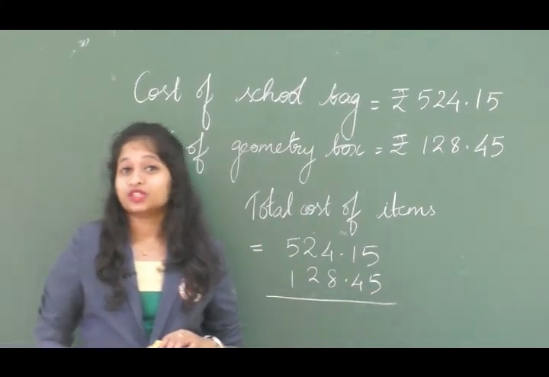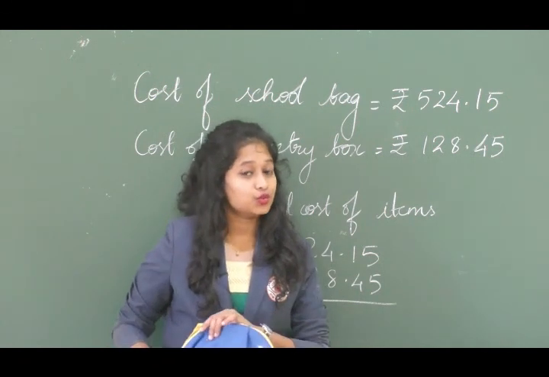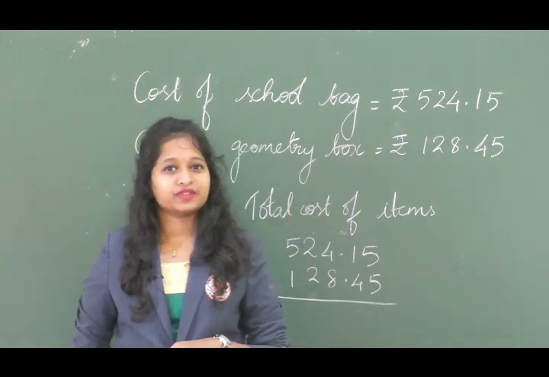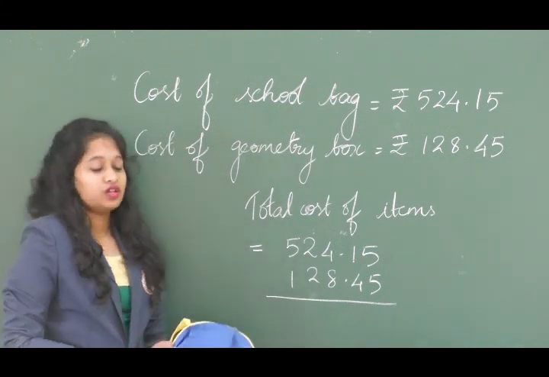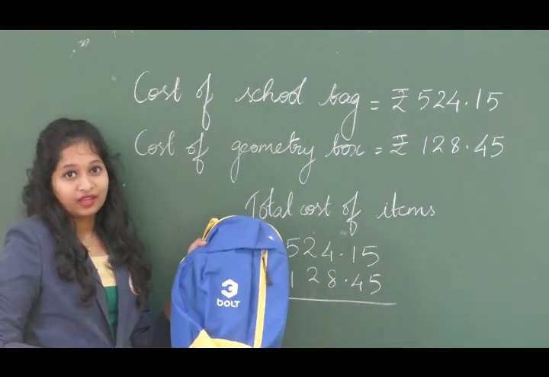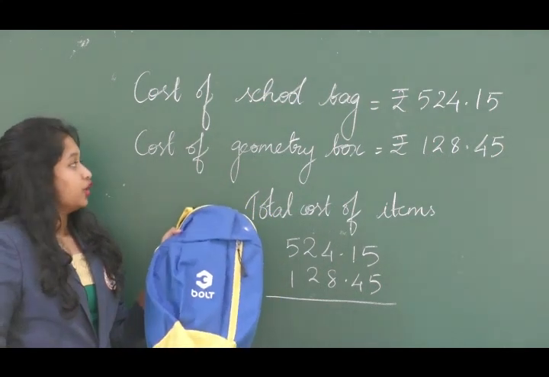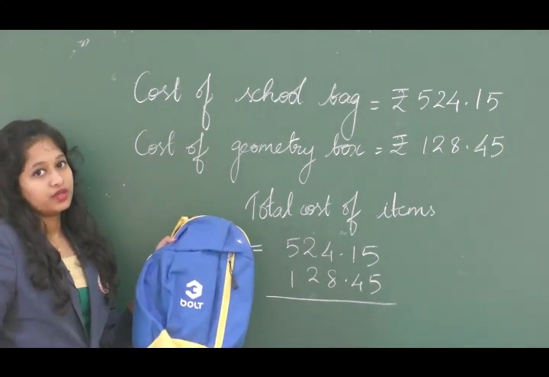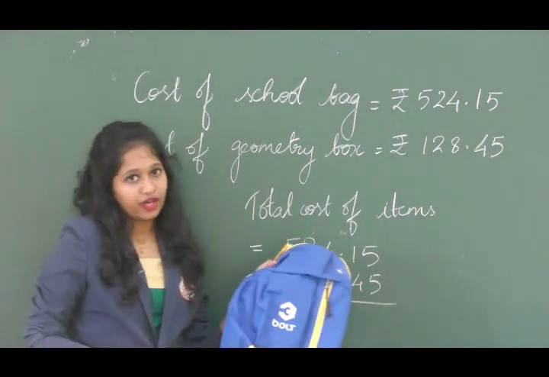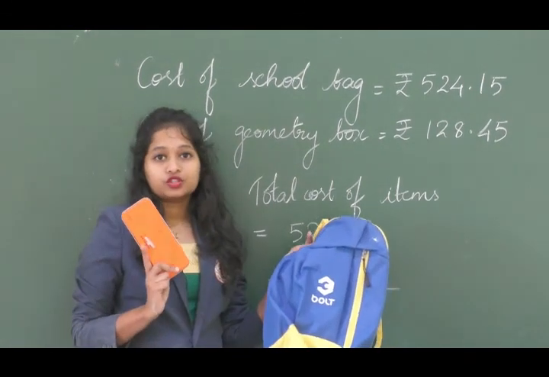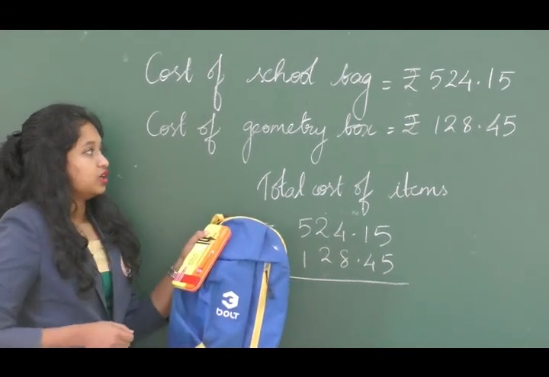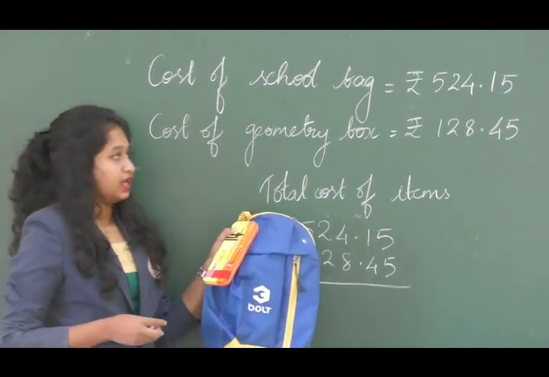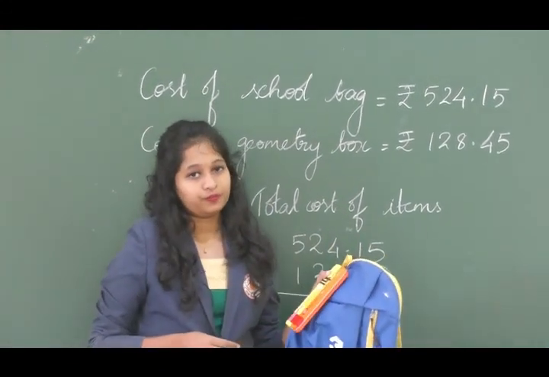Let's move on to word problems related to decimals. I have an interesting question here. The cost of a school bag is given as rupees 524.15 and the cost of a geometry box is given as rupees 128.45.